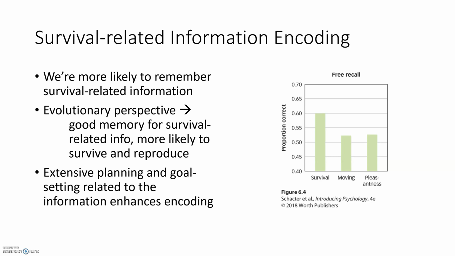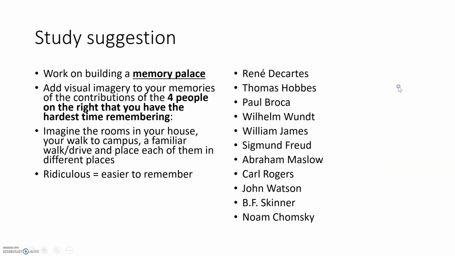And that is also in part because they often are associated with extensive planning and goal setting, and that's going to enhance encoding, but also would give an evolutionary advantage, making organisms that are better able to remember survival-related information more likely to survive and reproduce.